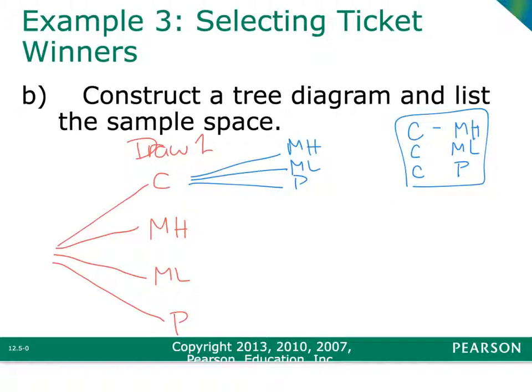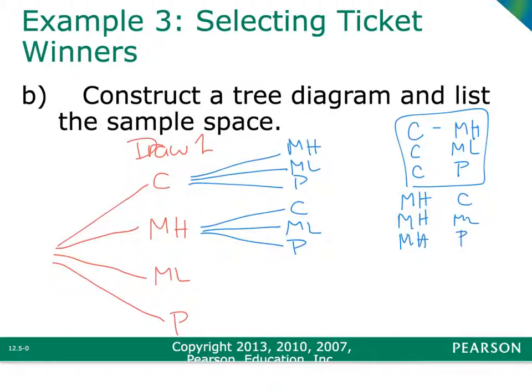Well, maybe Mike H won first. So if he won first, then Christine could win second, or Mike L could win second, or Phyllis could win second. So your next 3 combinations could be Mike H and Christine, Mike H and Mike L, Mike H and Phyllis. There's 3 more possibilities. Well, maybe Mike L won first, so that means Christine could win second, or Mike H could win second, or Phyllis could win second.